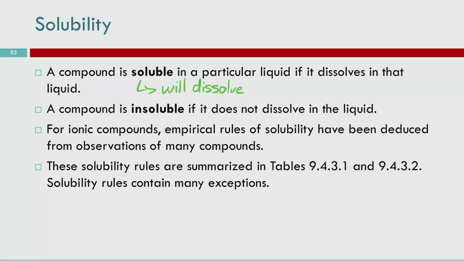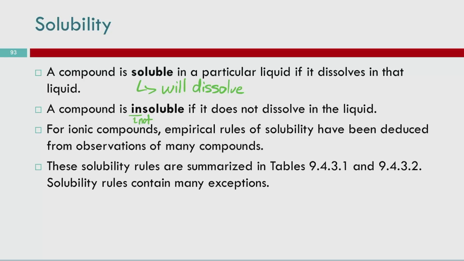A compound is insoluble or not soluble if it doesn't dissolve in the liquid. For ionic compounds, we've got some empirical rules, experimental rules, that can guide us on whether things dissolve or not.